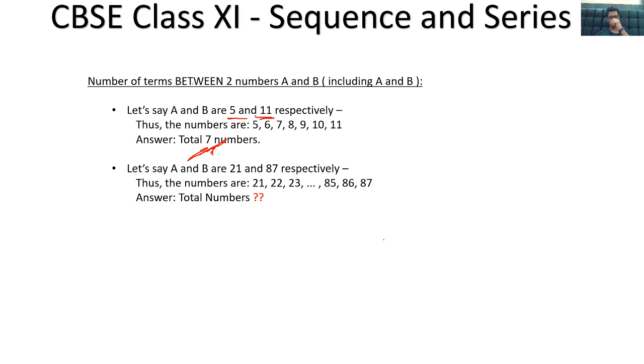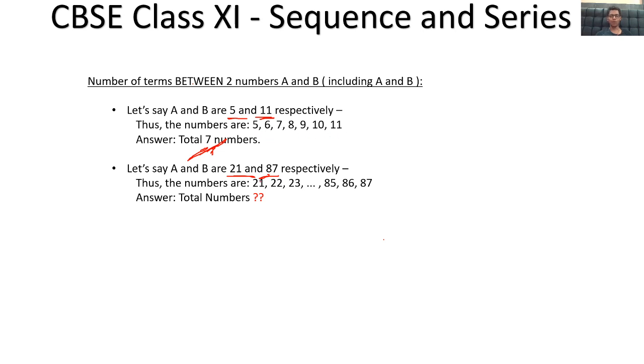So what would be the answer if we say that a is going to be 21 and b is going to be 87? So how would you find the total number of numbers including 21 and 87? Well, when the numbers are really small, it's very easy to count the given numbers.